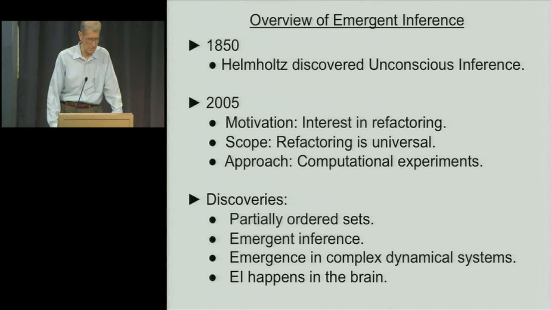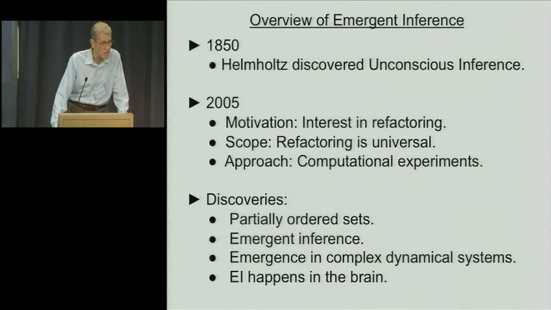Then I found a new type of inference that I named emergent inference. And I discovered only recently, just about a week ago, that Helmholtz in 1850 experimentally proposed what he called unconscious inference, because we have no awareness of doing it, but it happens in our brains.